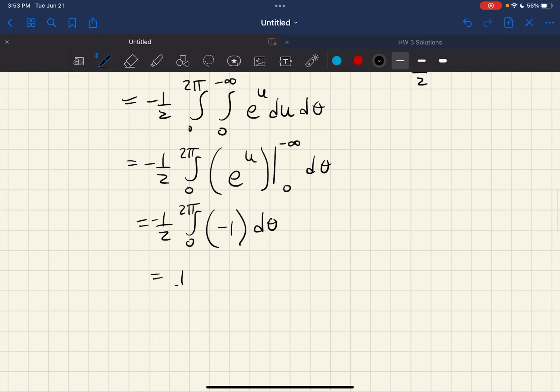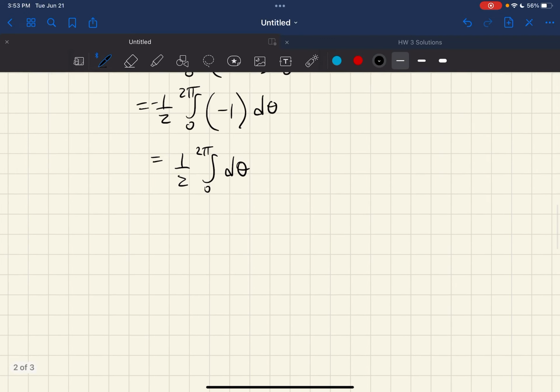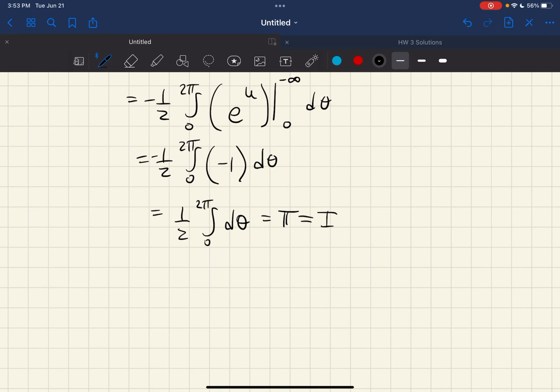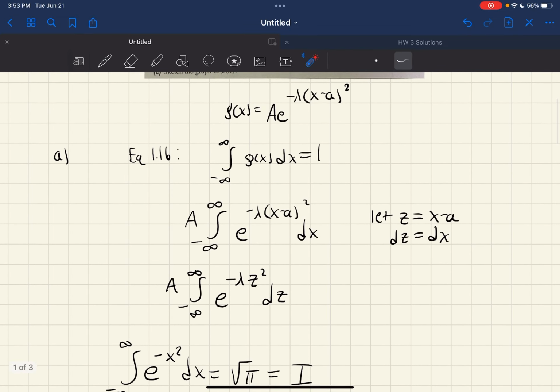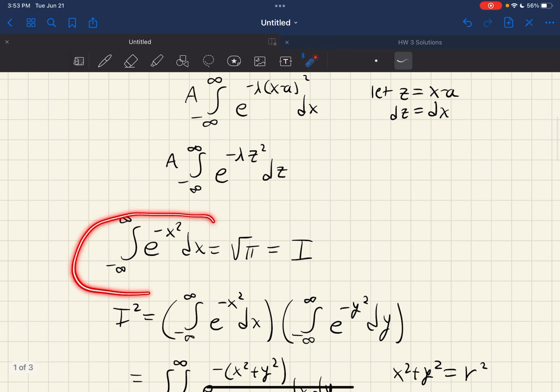So this just becomes 1/2 the integral from 0 to 2 pi d theta, and d theta integrated is just theta, and when you plug in the bounds, this just becomes pi. So remember that this is equal to the integral squared. That implies that the integral is equal to root pi. So that's just proving this relationship right here, just showing where that comes from.